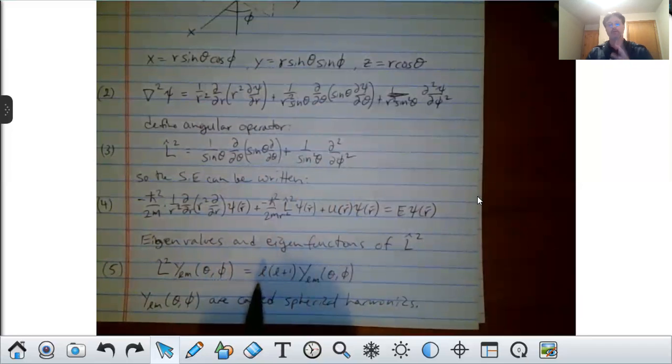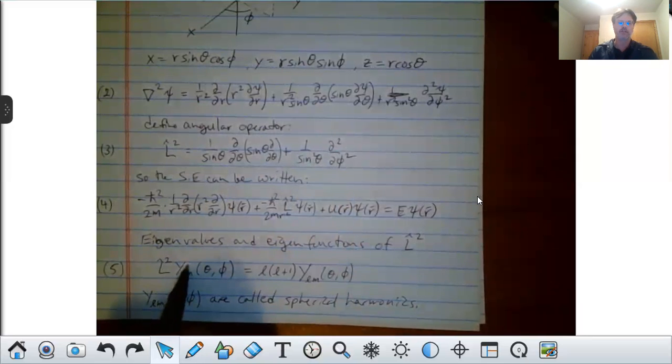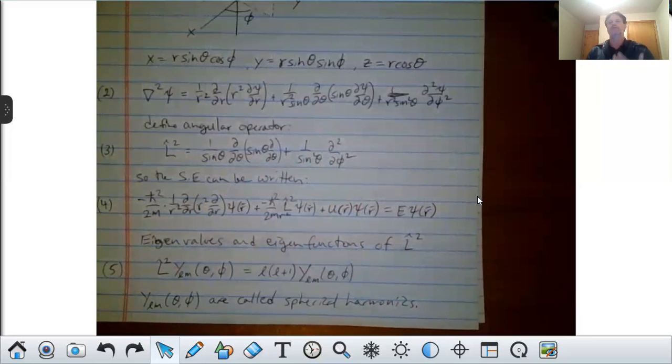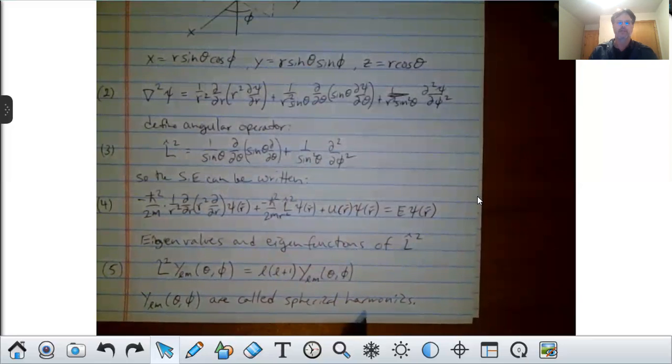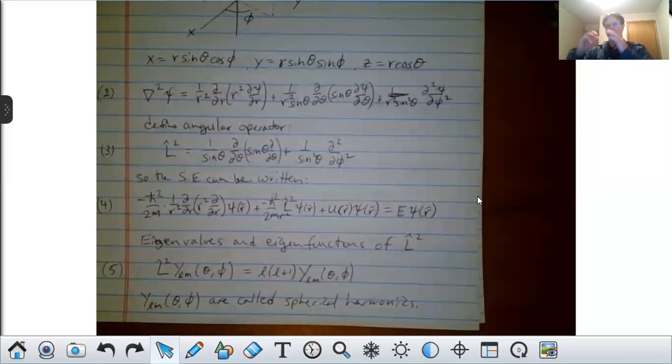If you take this operator, you can solve the eigenvalue equation, where the operator squared times a function equals a constant times a function. You get solutions called spherical harmonics, denoted by Y_LM. They are particular functions that are solutions to this equation.